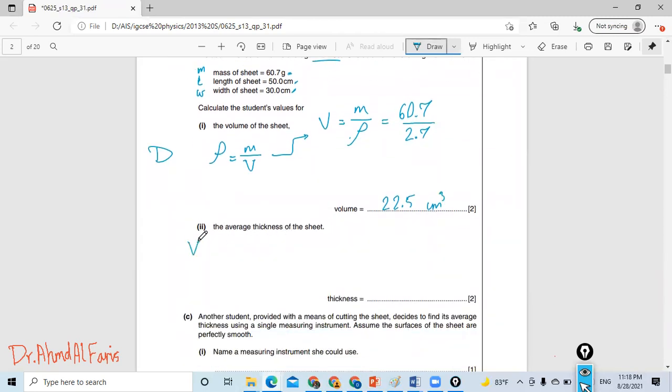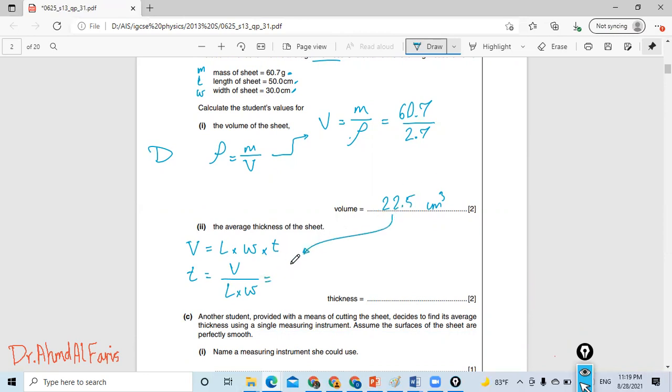Now, in this situation, we know that volume equals length multiplied by width multiplied by the thickness that they ask about. So thickness equals volume divided by length multiplied by width, which is equal to the answer that we just found.